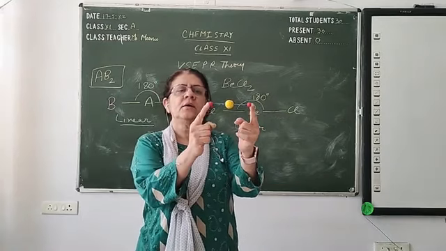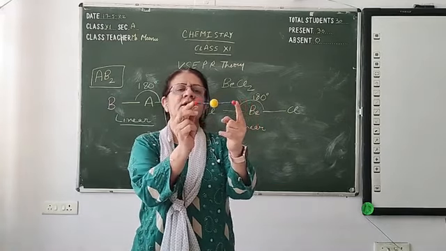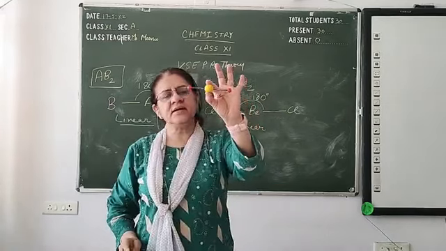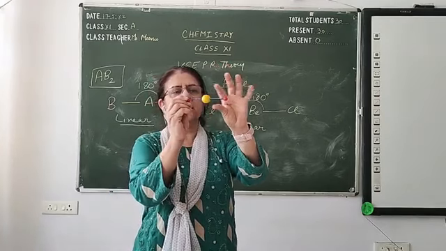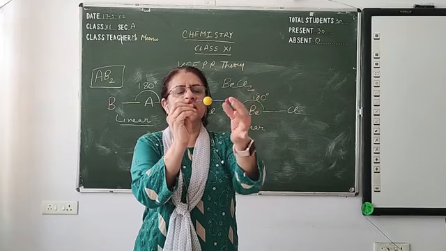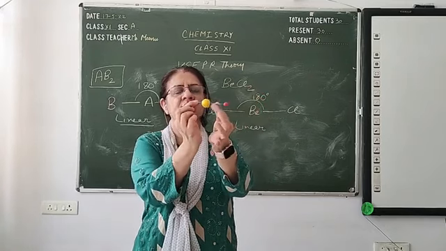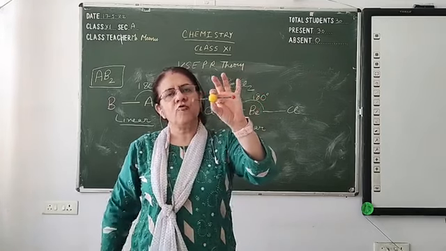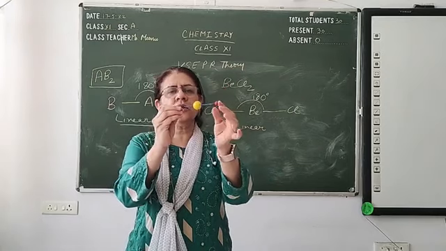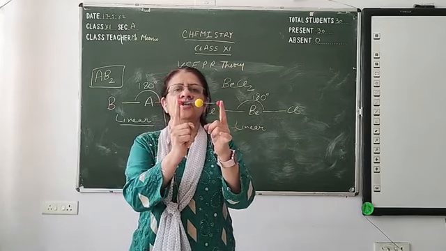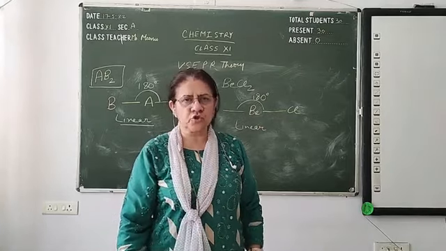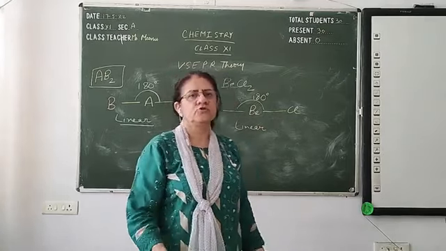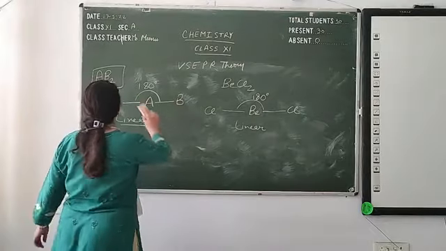Can you see? In the center is beryllium. This is one chlorine, this is another chlorine and this is the bond pair, and you can see the shape of this molecule. The shape of this molecule is linear. I am sure you have understood the concept. So, now we will study further.